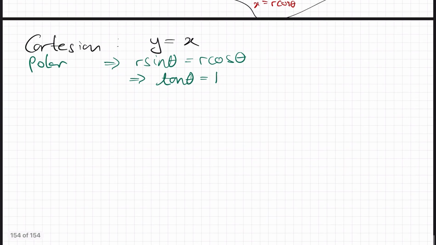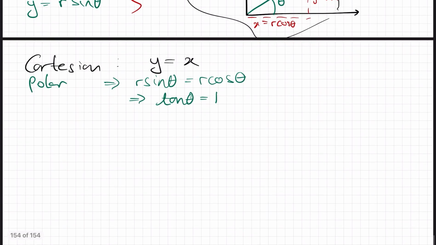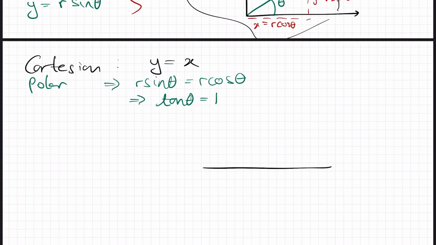So what's this actually going to look like? Tan theta is the same as opposite over adjacent, and if we're thinking in terms of dy and dx, that's the same as change in y over change in x. So this is just going to be a line with gradient 1.